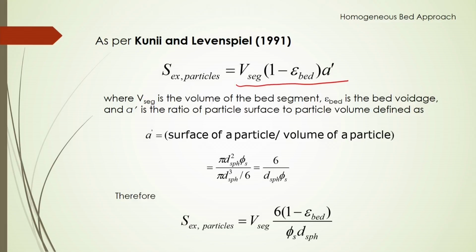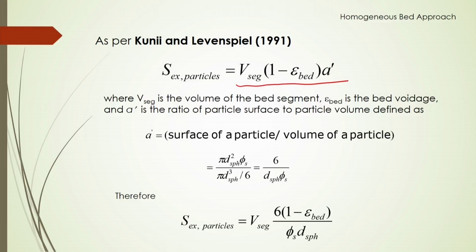Here a dash is called the specific interfacial area, which is defined as the surface of a particle divided by the volume of a particle, where V_seg is the volume of that bed segment.